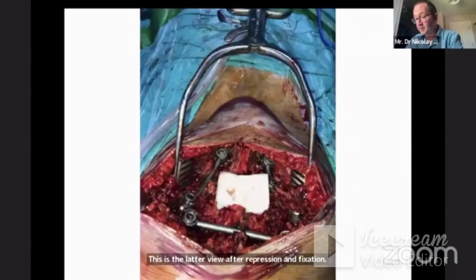This is intraoperatively. I avoided fixation here at L5 because there was a fracture of the pedicle here. So this is L4, this is L5. These are two iliac screws. One of them is used for the lumbopelvic fixation and the other one for ilio-iliac fixation. This is the wide decompression.